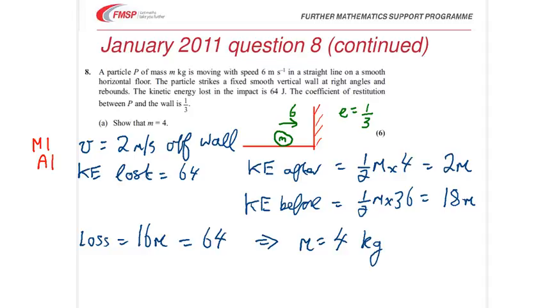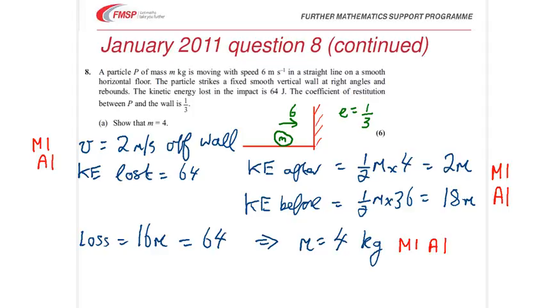We've got a method and an accuracy mark for the expression for the kinetic energy lost, or doing the kinetic energy before and after, M1A1 there. And then by correctly evaluating the loss of kinetic energy and rearranging that to find m, there's an M1A1 there. So 6 marks in total for the first part of that question.